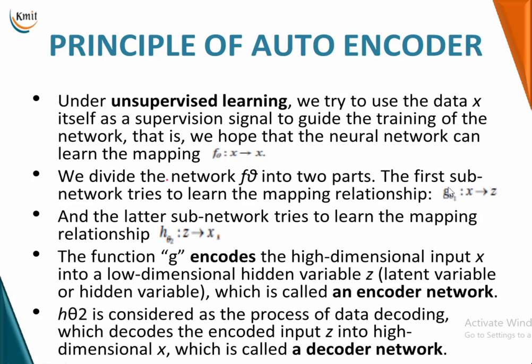This particular operation is called an encoder network, and the opposite operation happens here, wherein a low dimensional data is reconstructed as an output, and this is called a decoder. So an encoder and a decoder inside one particular neural network is called an autoencoder. That's the principle.